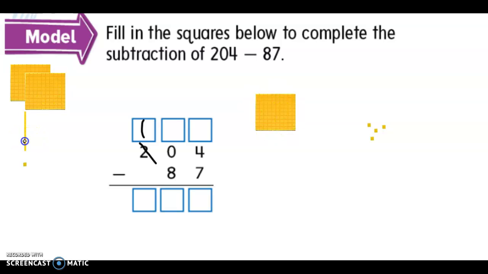So when we regroup, we're going to get 10 tens. So 1, 2, 3, 4, 5, 6, 7, 8, 9, and 10.